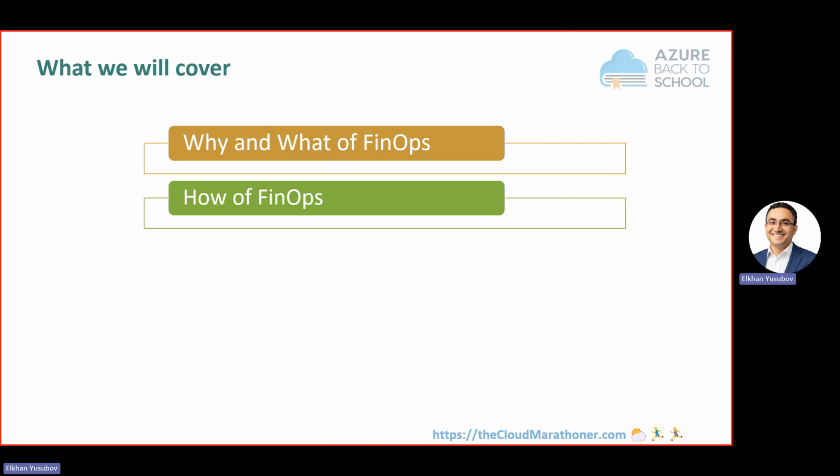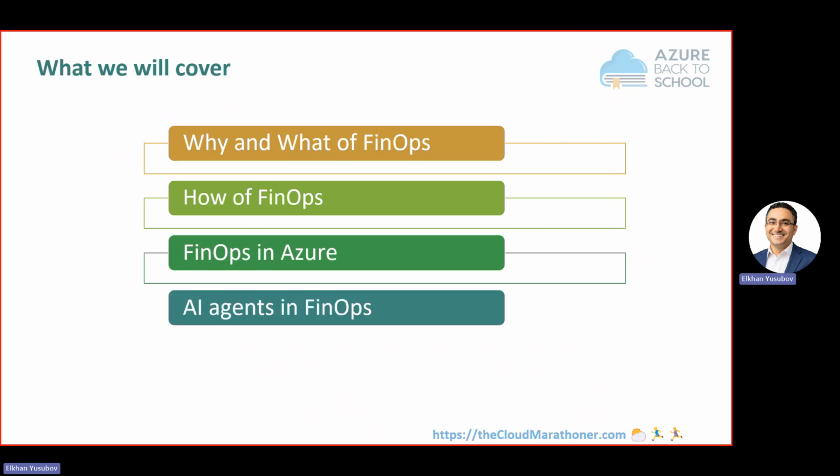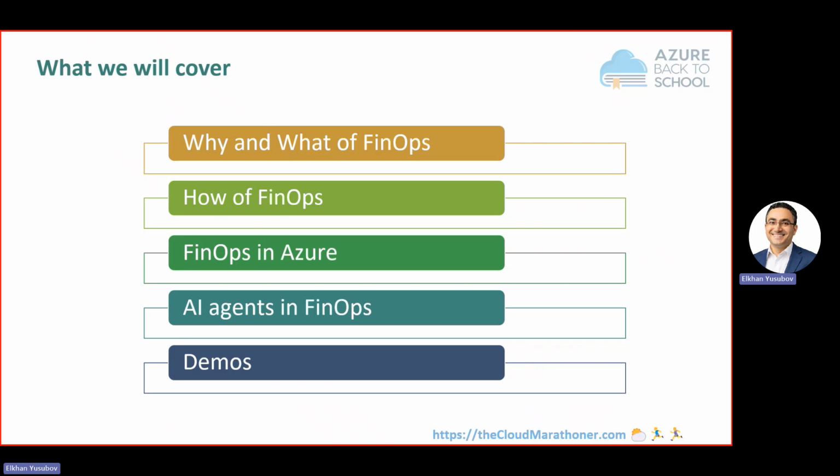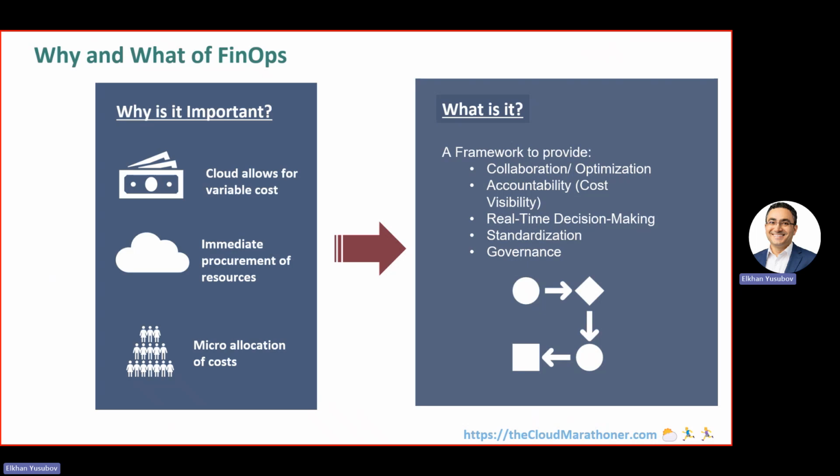After that, we'll look into what are the differences and usages of FinOps in Azure, what you can utilize in the Microsoft Azure platform, and then we'll look into how AI agents can help you with FinOps operations, and we'll look into different approaches that you can use. And I'm going to provide you some hands-on approach in not just understanding the concepts, but also learning how to do that.